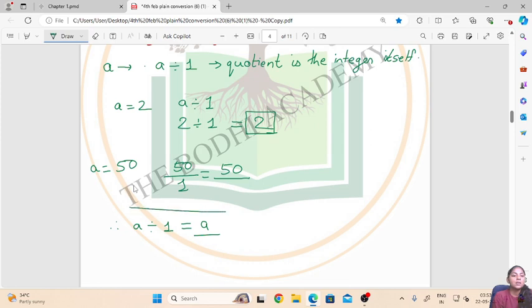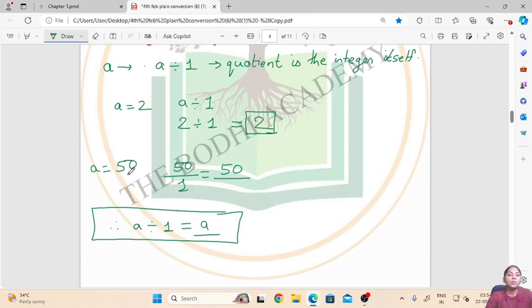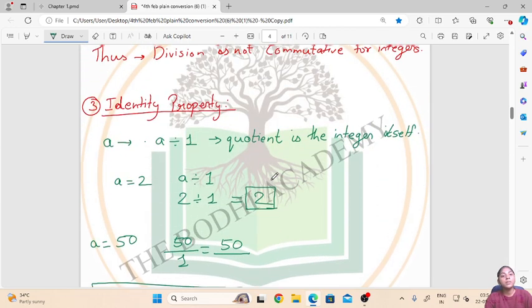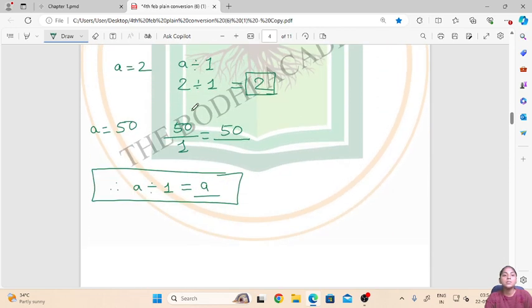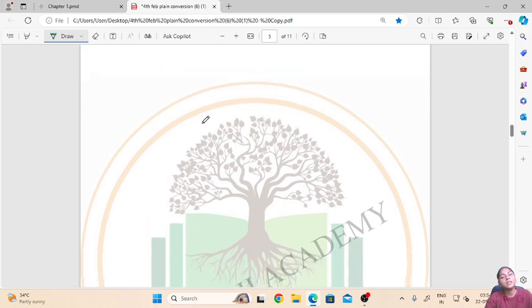So this is the identity property of integers for division. Then what will happen if we divide these integers by -1? So for 1 we get the answer as the integer itself, but what will happen if any integer a is divided by -1?